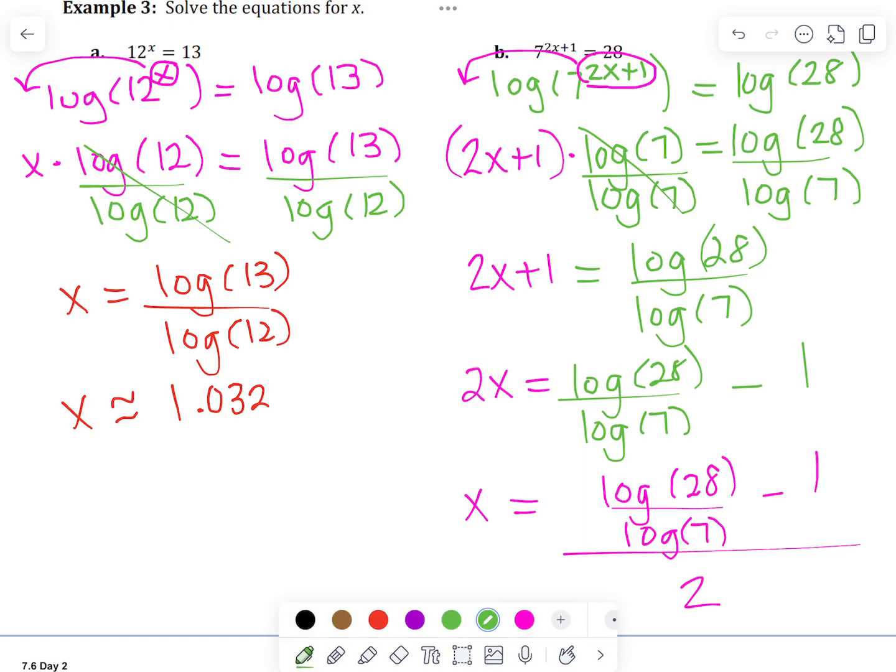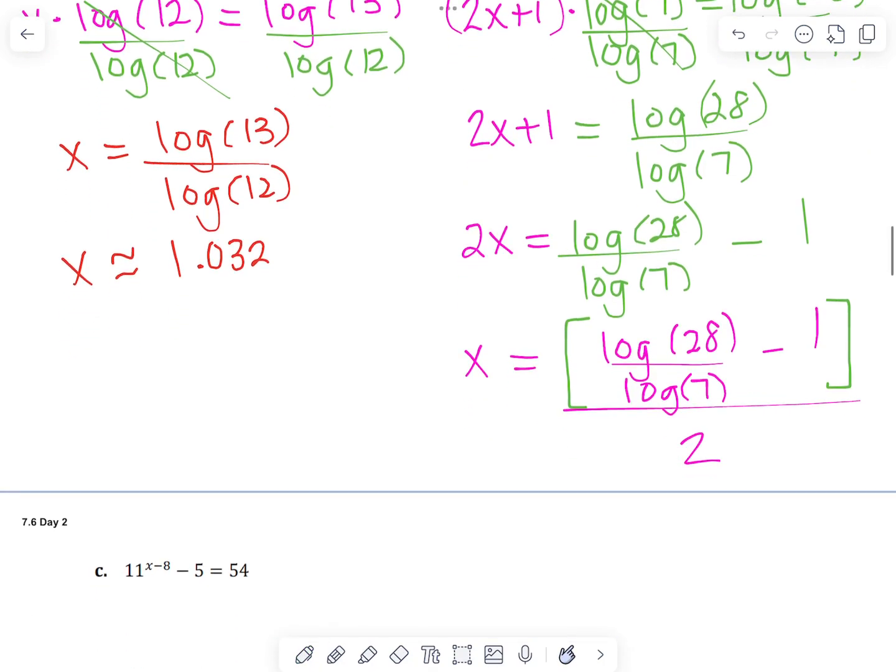Now, before you enter this into your calculator, be very careful that you encase that numerator all together and then divide it all by 2. Another way to write that problem is not dividing both sides by 2, but multiplying both sides by 1/2.